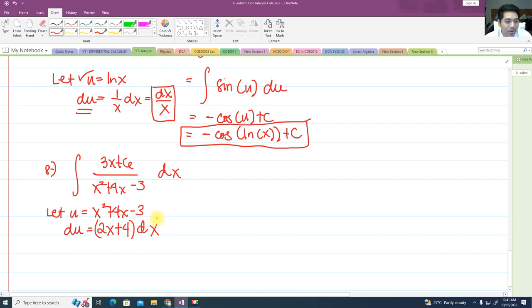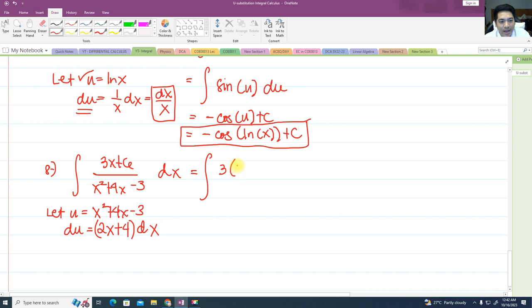Oh, sir, we don't have 2x plus 4 dx in the integrand. This is not 2x plus 4. Yeah, that may be your observation at first. But if you take a closer look at 3x plus 6, if we try to manipulate it, I'm going to factor out 3.